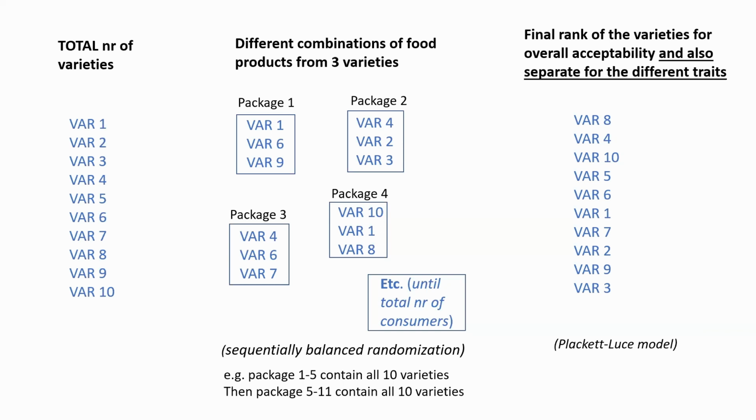And then you will see that they are sequentially balanced. It means that, for example, package 1 to 5 will contain all varieties, and then package 6 to 10 will also contain all varieties. By doing that, you can finally analyze it and define the overall ranking of all the varieties that you have been looking into. And then you get different orders, of course, for the different traits and for the overall ranking.